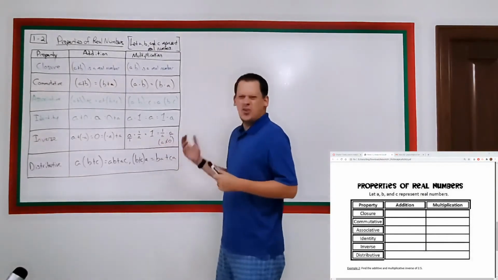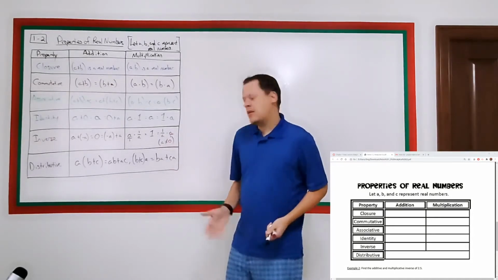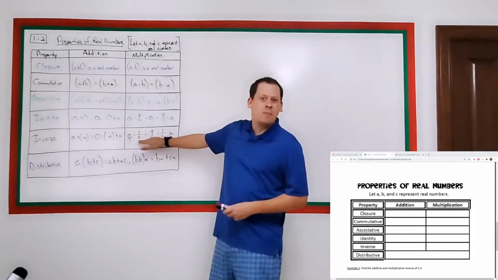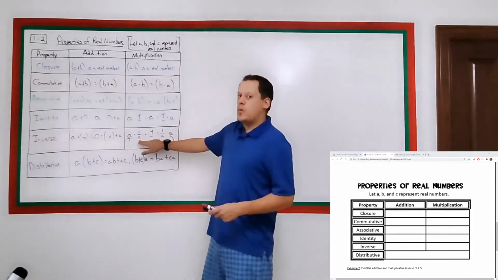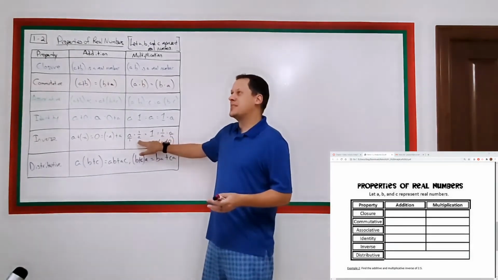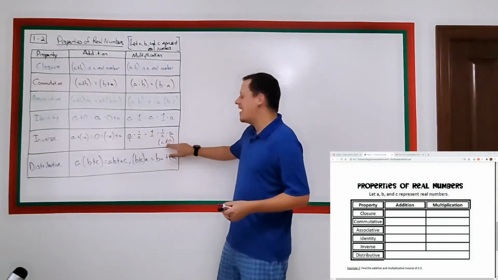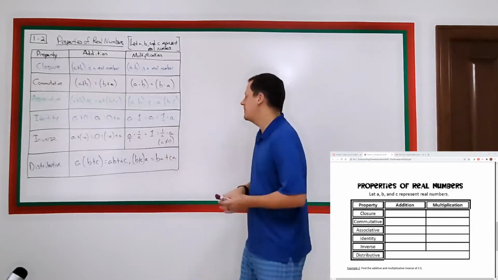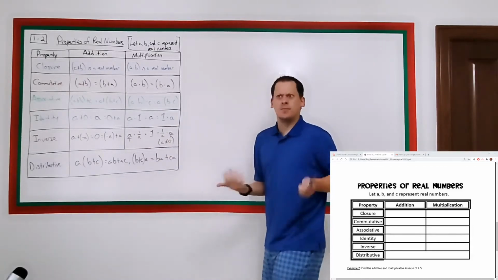So you actually can't divide by 0, it's not allowed. So for this property in particular, since we're putting a on the bottom of a fraction, we make the specification that a is not allowed to be 0 because you're not allowed to divide by 0. Okay. Not a huge deal, but it does come up from time to time.